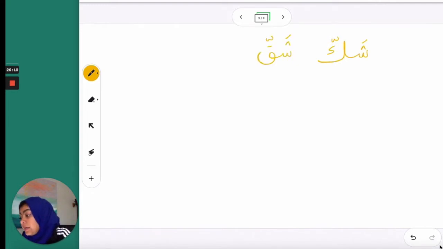You're going to try to pronounce them. Okay, so this one here, sheen fatha and then stopping on the kaf. Shak. It's making a light sound. Shak means doubt. It's not going to be a vocab word though.